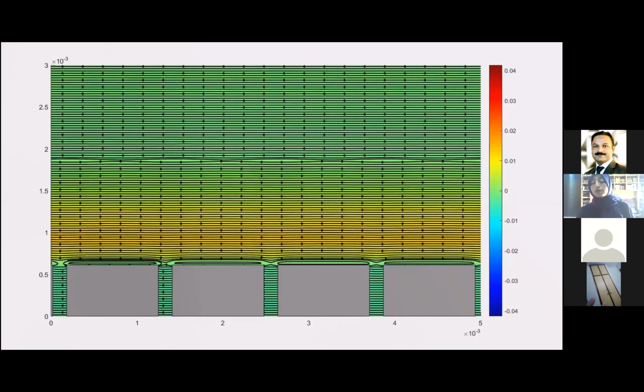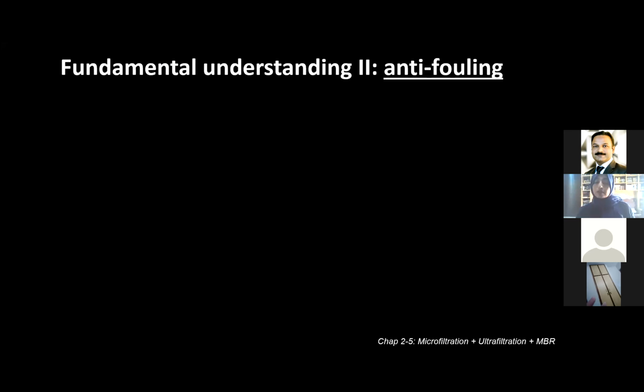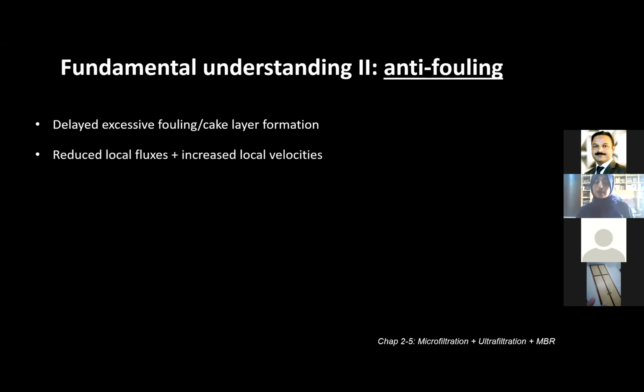we could have a basic understanding that patterning of the membranes can disturb fouling over these membranes, therefore delaying the cake layer formation as well. This is mainly because of the effect of higher surface area, and also because of hydrodynamics.